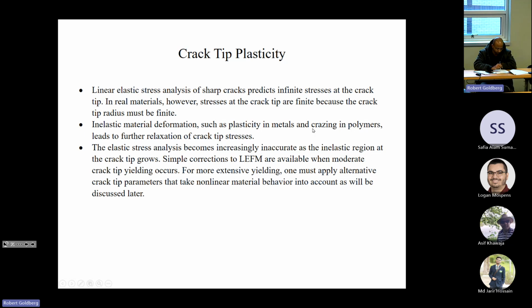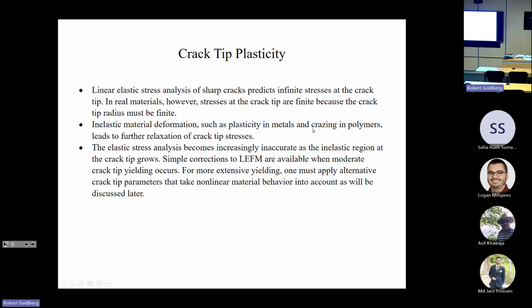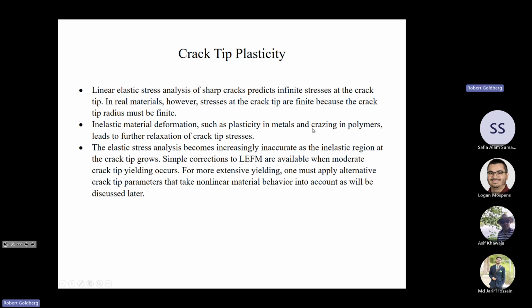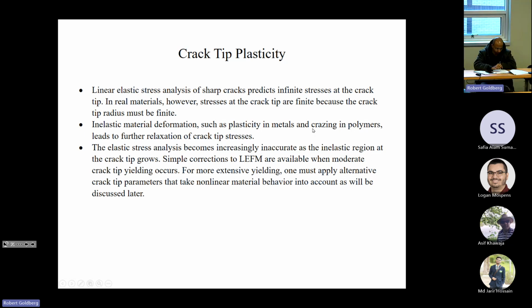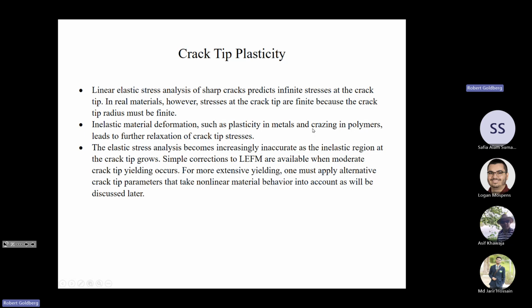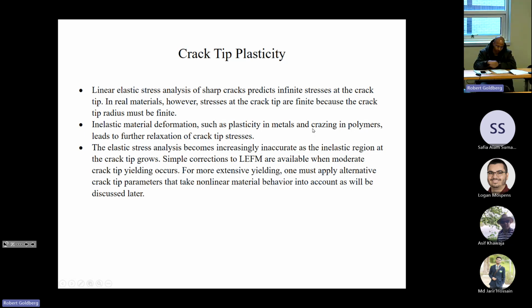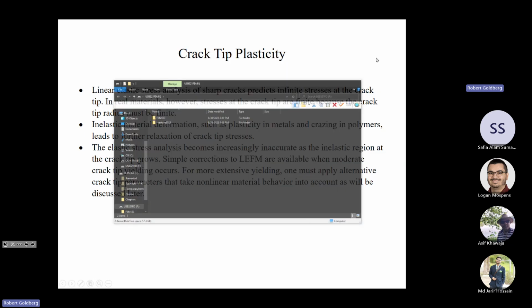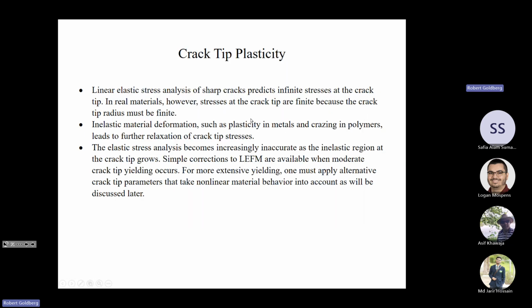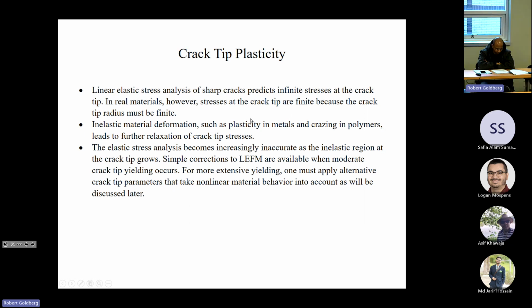When your radius goes to zero, obviously you can't divide by zero, so it goes to infinity. But real materials have finite stresses at the crack tip. First of all, because in real materials, the crack tip radius must be finite. You can't have an infinitely sharp crack in real life. We talked about how, at the very least, it's related to the atomic radius.